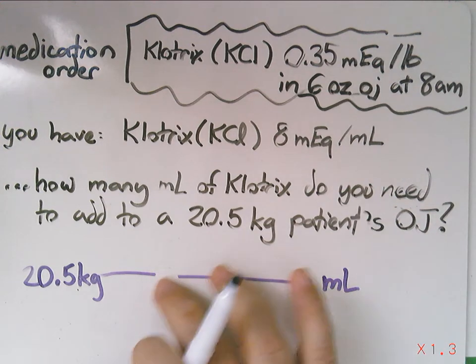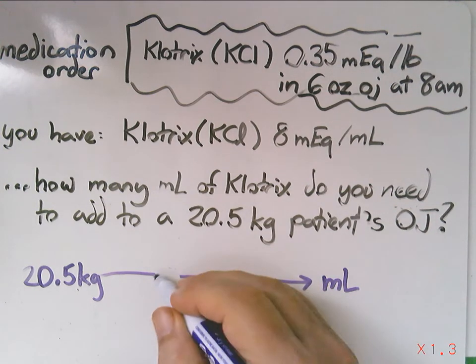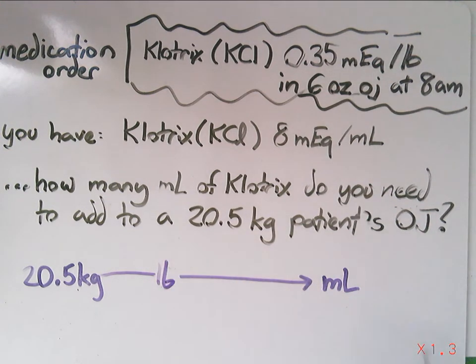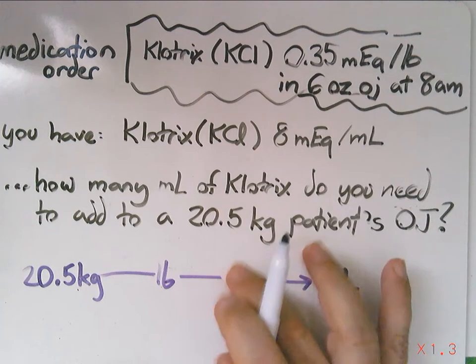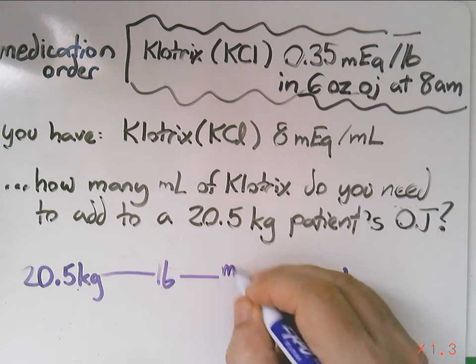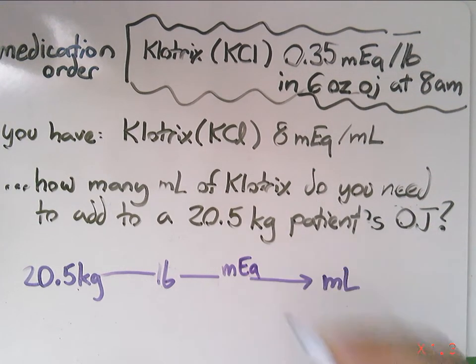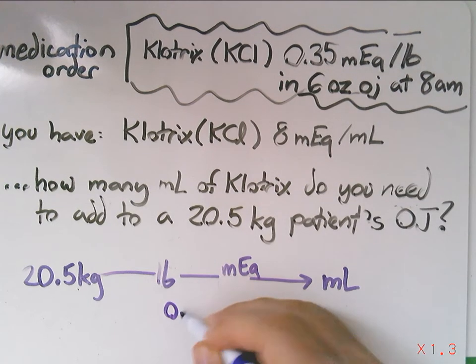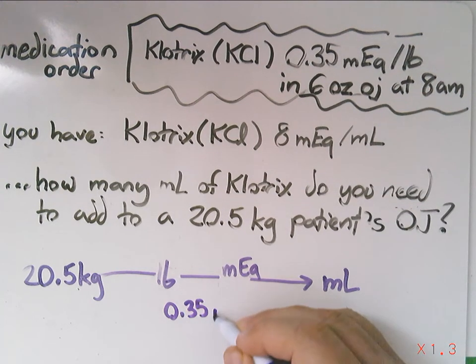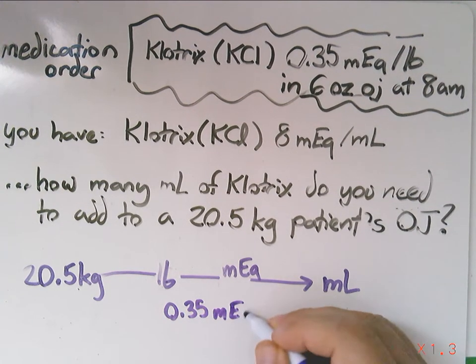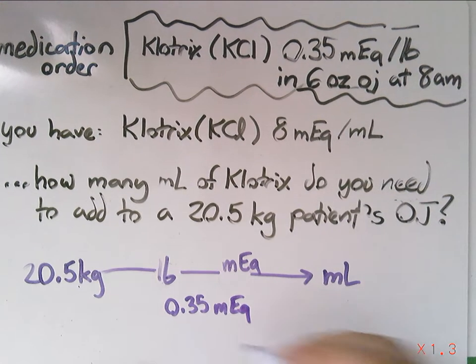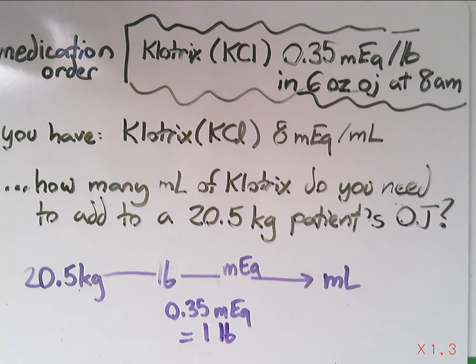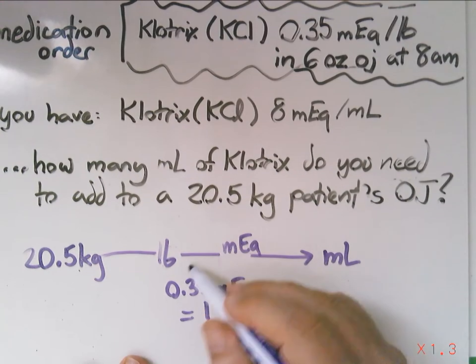So if I put pounds of patient here, and I put milliequivalents in here, I know that there's 0.35 milliequivalents of Clotrix for every 1 pound of patient. So that's my link there.